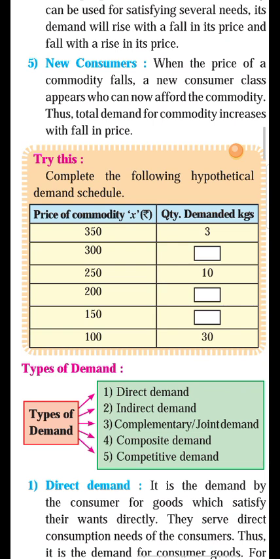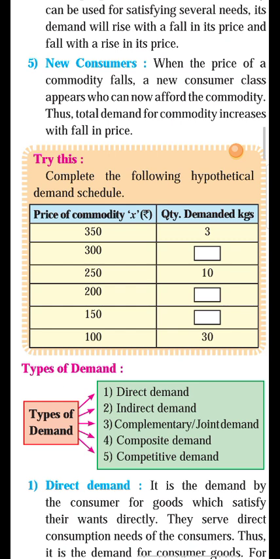When we read these numbers, we can easily understand that price is in a decreasing form, 350 to 300, 300 to 250, 250 to 200 and so on. So when price is decreasing, what about the demand?